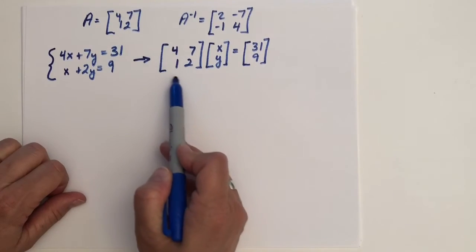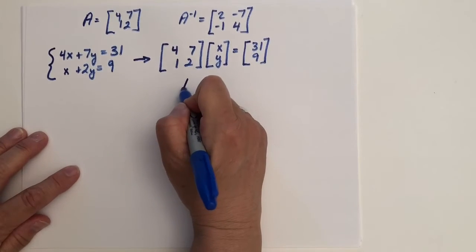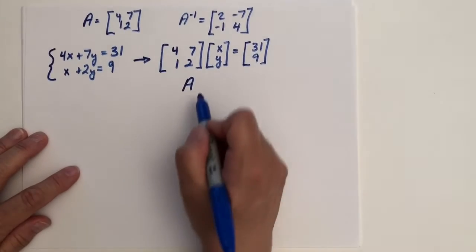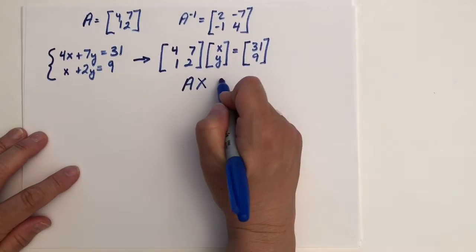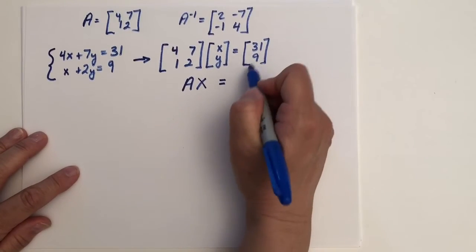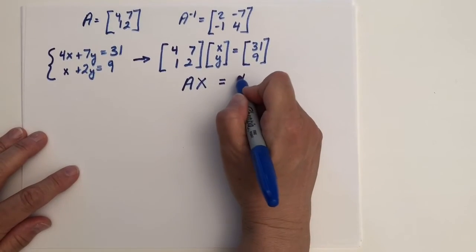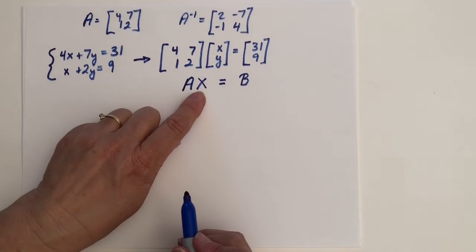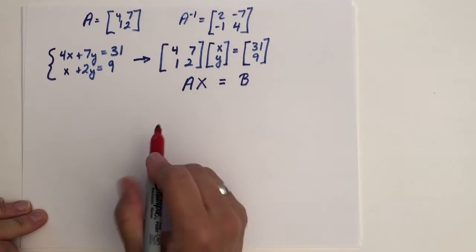Notice here that this is the matrix A. So I have A times, and let's let this matrix that has the variables in it, let's call that X, capital X because it's a matrix, equals, and we'll call this B. This matrix that contains our constants, we'll call it B. Our task is to solve for X. So I'm going to do that by multiplying this equation by A inverse.